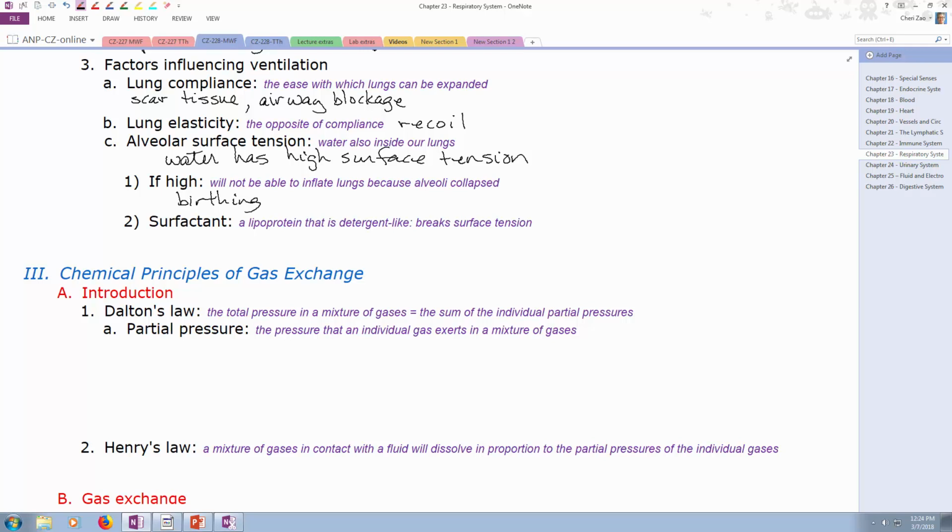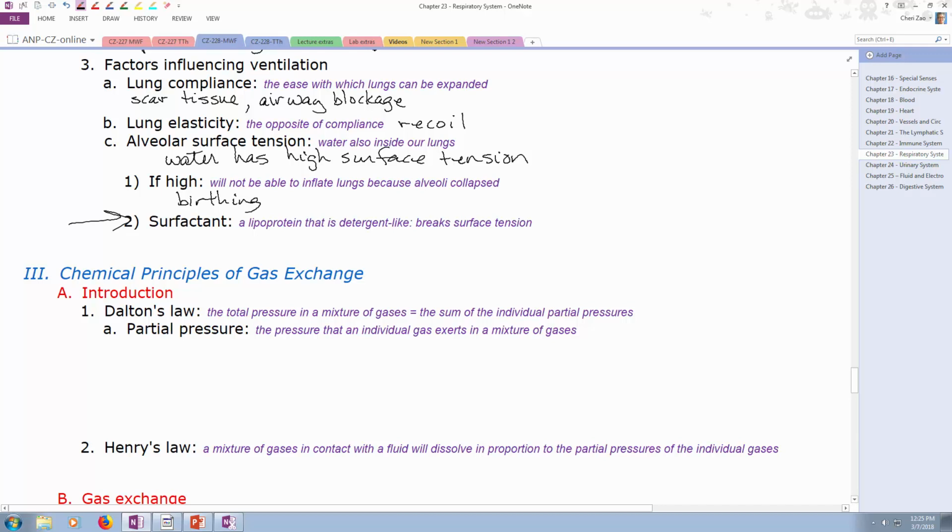The water will get absorbed into the capillary network, but we have to push it literally into the capillary network. So every breath they take, we get a little bit more expansion, and then again a little bit more expansion. And in order for this to work effectively for the newborn, they have to have enough surfactant.